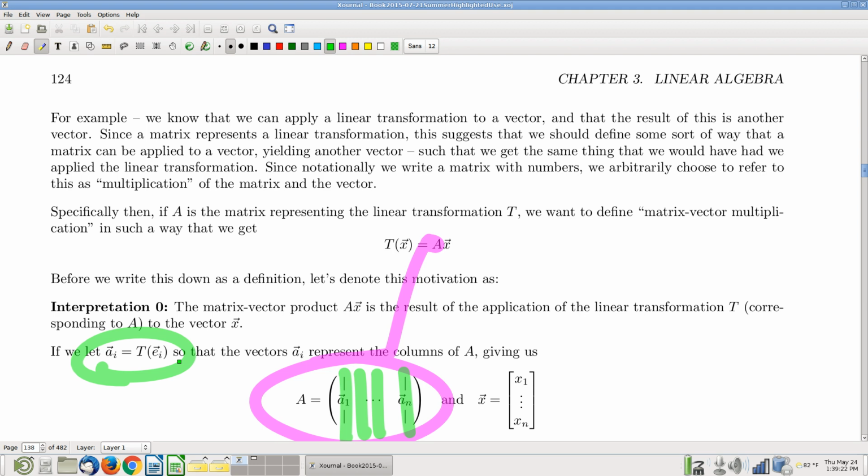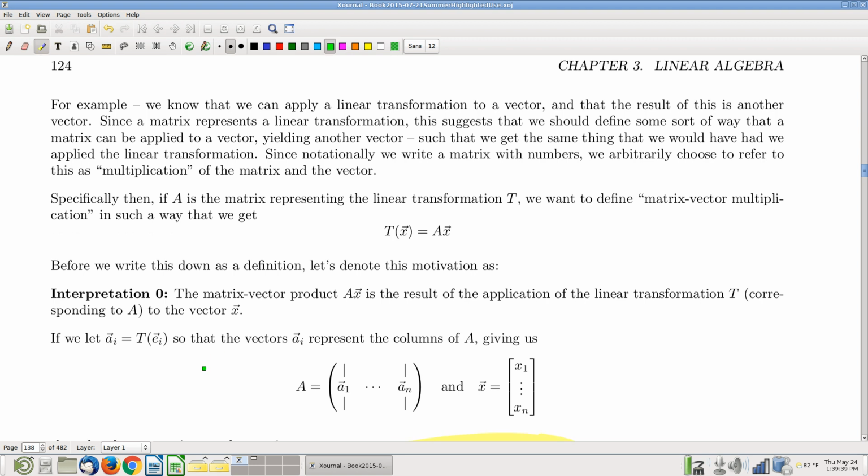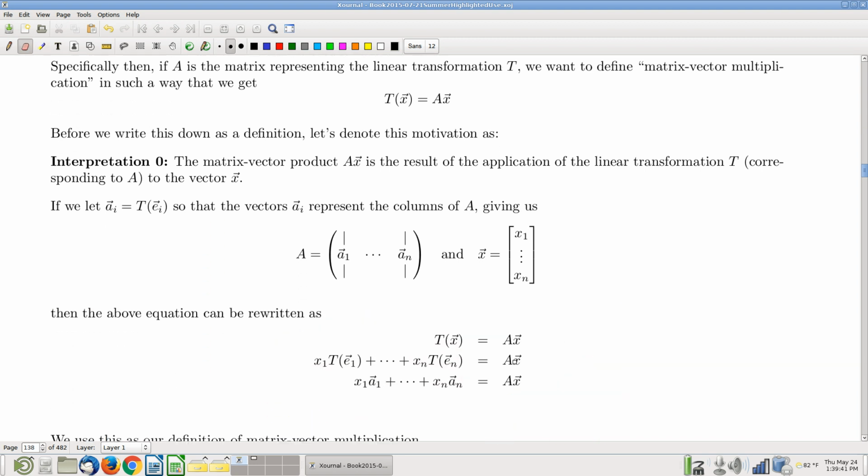So rather than call these T of e1 through T of en, let me just call them a1 through an. We've got a matrix. It's got columns. I'm just going to label them a1 through an. Very convenient. And now let's go through this process and see how it works out. If I'm interested in Ax, I need to compute T of x.